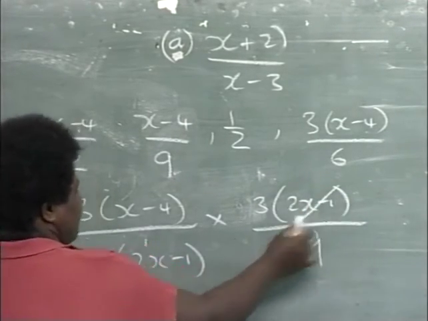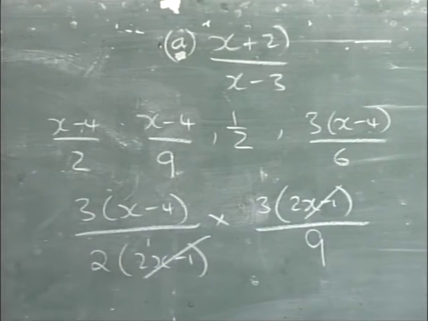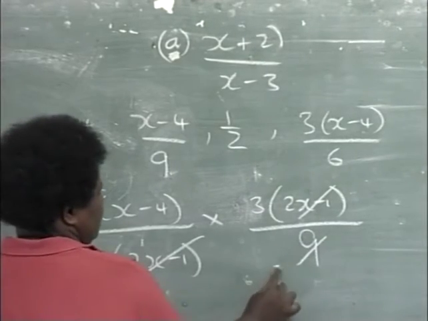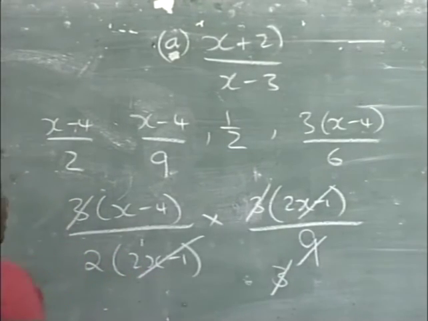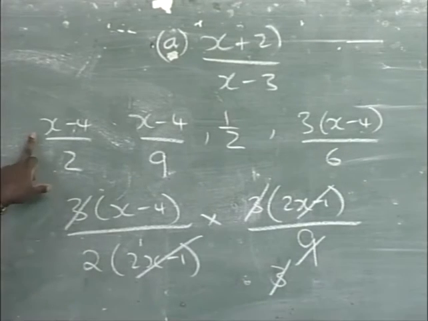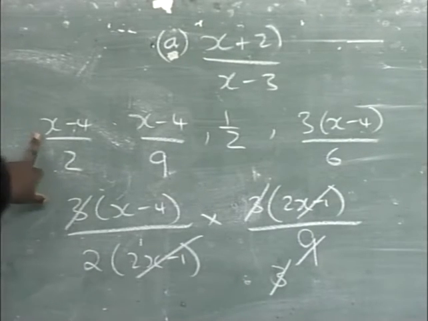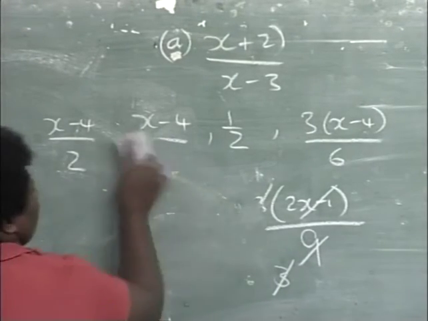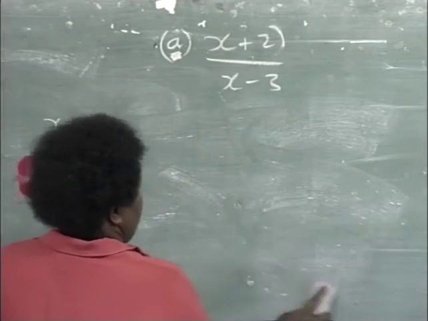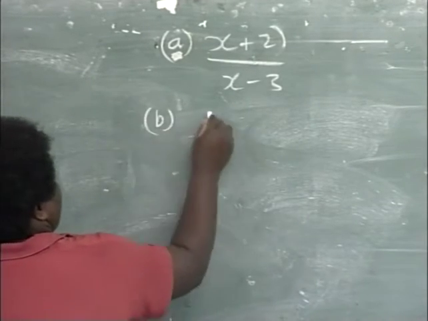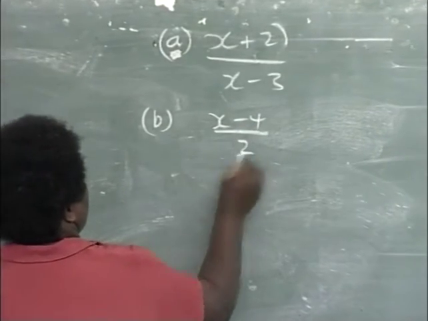All right, 2x minus 1 divided by 2x minus 1, we get 1. 3 and 9 is 3, then 3 and 3. I get x minus 4 over 2. So this answer is the correct one. Okay, so letter B, x minus 4 on 2.